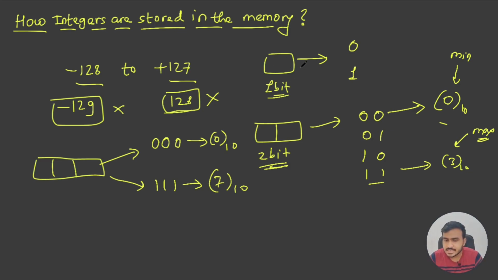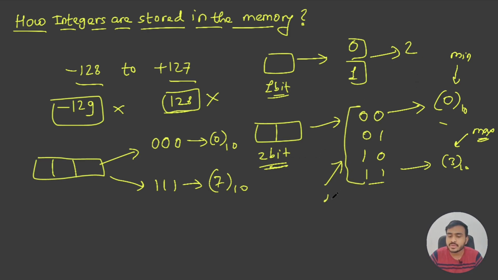In a variable of 1 bit size, this variable can store 2 different values. In this case, you can see that this variable can store 4 different values. Now, how many different values can this variable store? Let's create a generic formula.